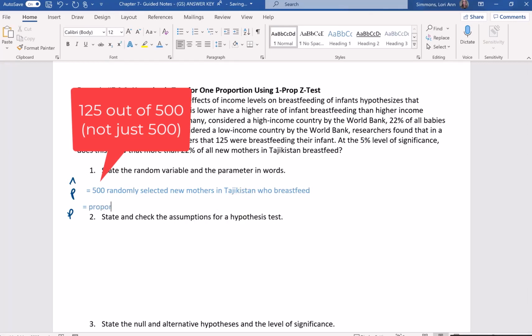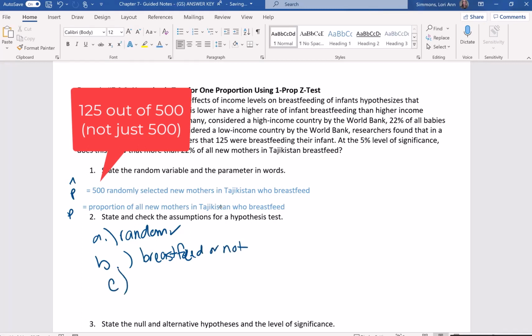P is the proportion of all new mothers in Tajikistan who breastfeed. Okay. A, random, yes it is. B, either you breastfeed or you don't.